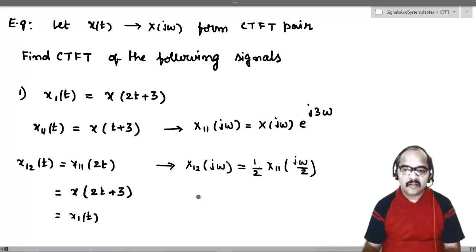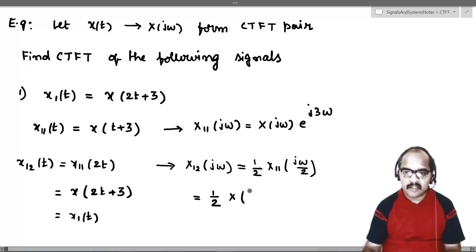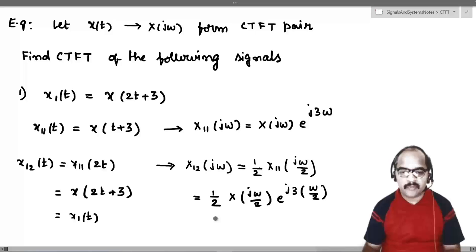Okay, so that should be equal to 1 by 2 times, what is X11 of j omega here? This thing. So in this, what should we do? We should replace omega with omega by 2. So you will get 1 by 2 times X of j omega by 2, e power j times 3 into omega, where omega should be replaced with omega by 2. So that should be the Fourier transform X12 of j omega.